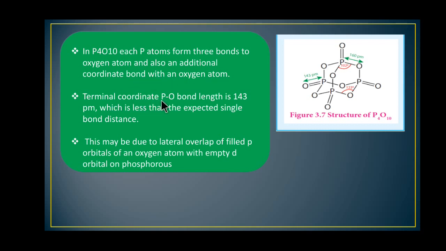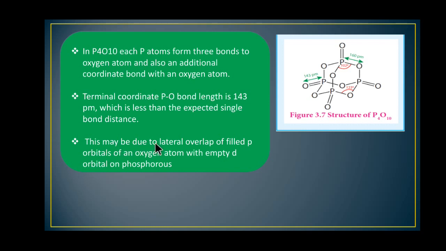The terminal coordinate P to oxygen bond length is 143 pm, which is less than the expected single bond distance.